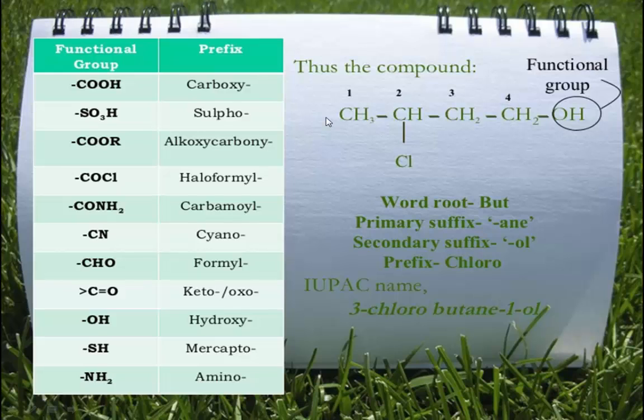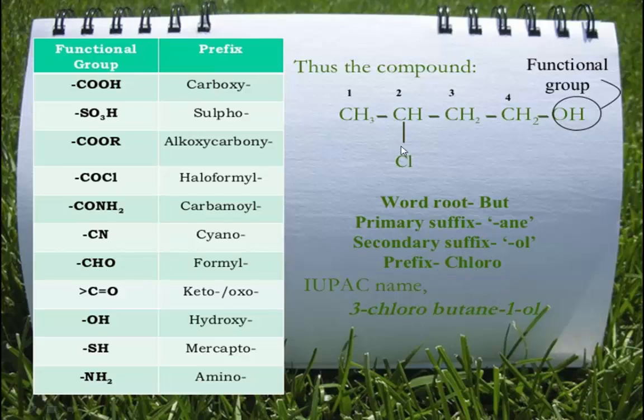1, 2, 3, 4 means the root word is but. Primary suffix, it contains only single bonds. Therefore, the name ends with ane. Secondary suffix, here an OH group is present. If the OH group comes as a suffix, then the name ends with ol. Is it right? Yes.